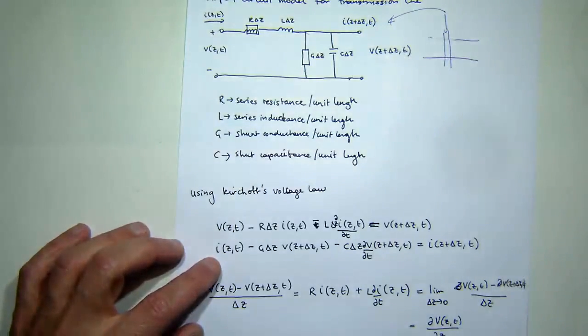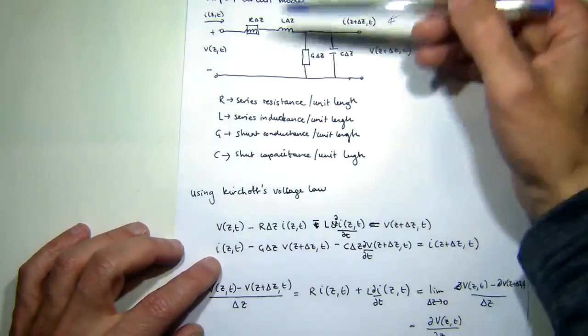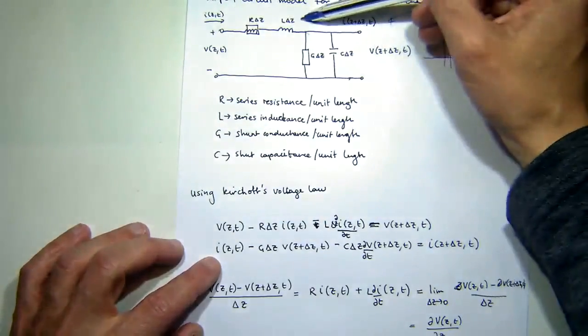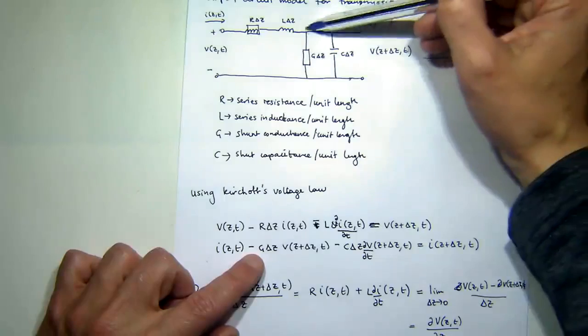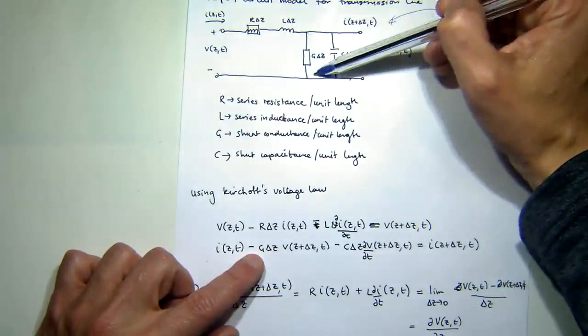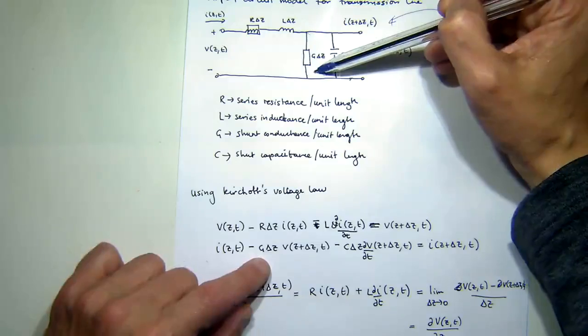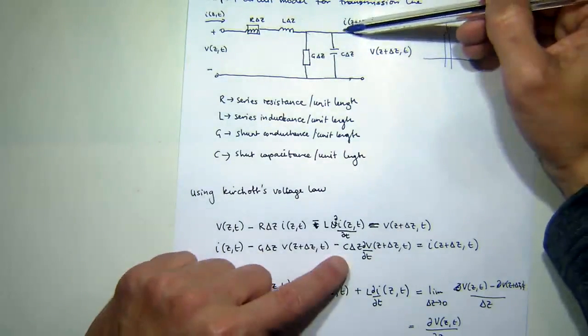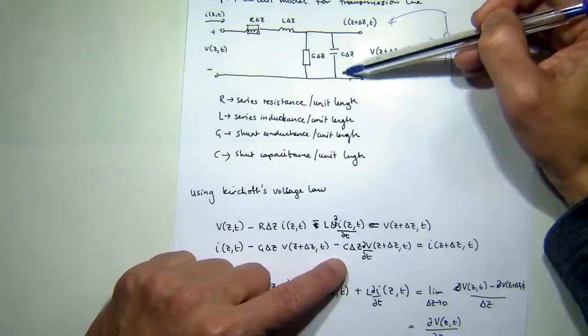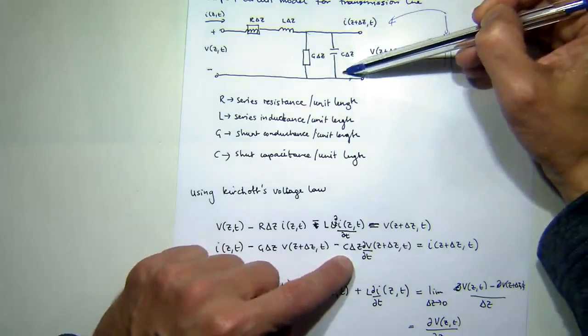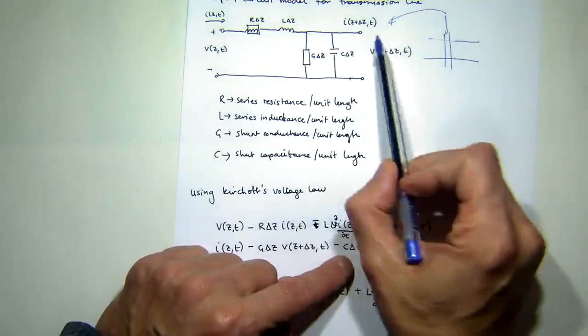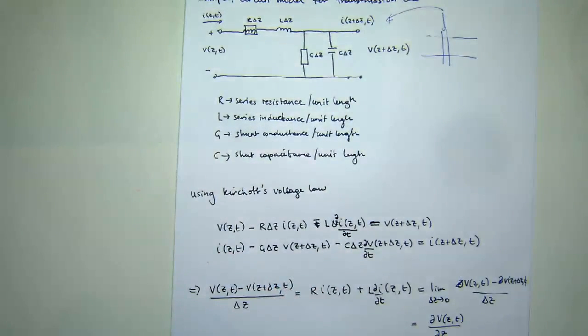Likewise, using Kirchhoff's current law, the current going in, minus the current going down through the shunt conductance, minus the current lost through the shunt capacitance, is equal to the current flowing out of this node in this equivalent circuit.